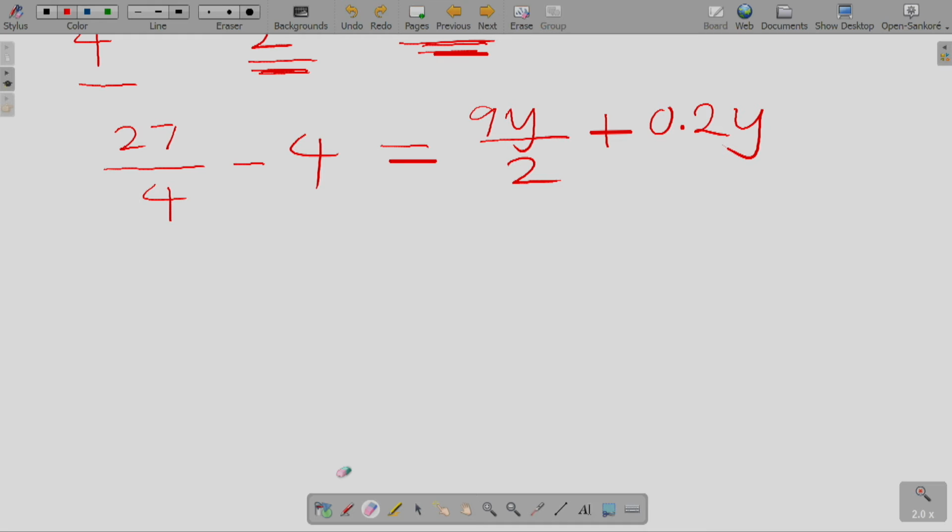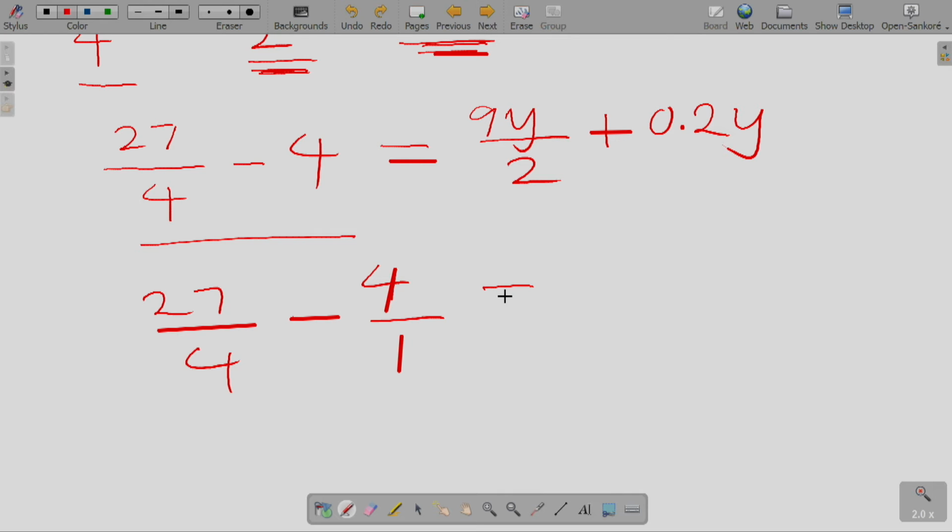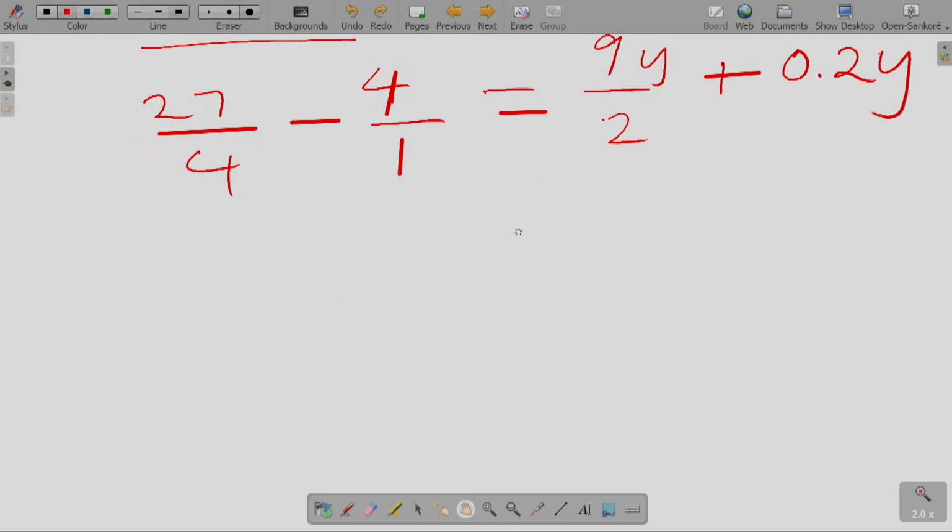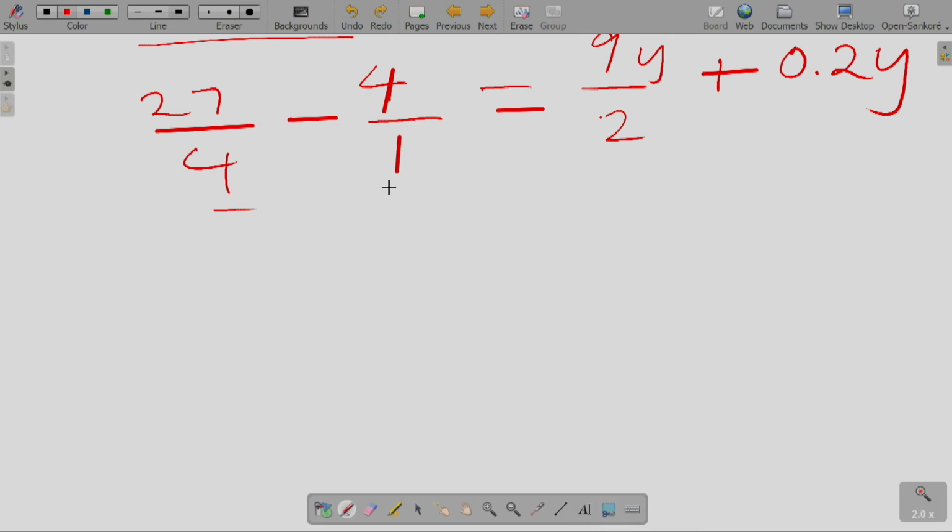So now let's simplify the left hand side. This 27 over 4 minus 4 over 1 equals 9 over 2y plus 0.2y. Let's find the LCM between 4 and 1, which is 4.